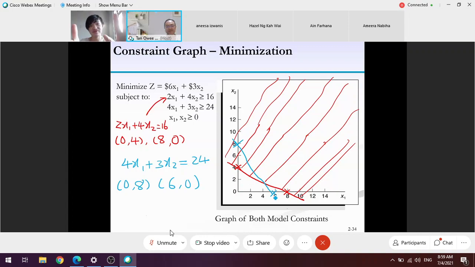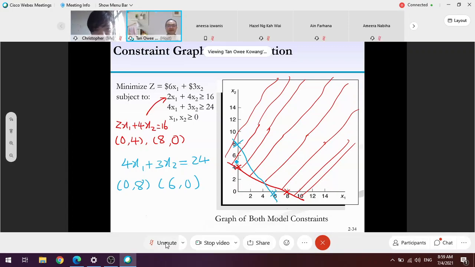So again, where is the feasible area? Here, right? Okay, how about the area commonly shared by these two constraints?